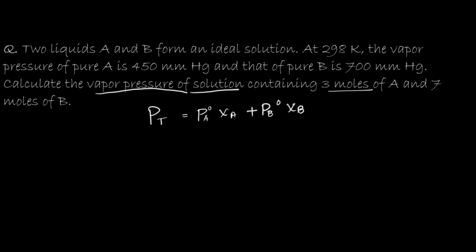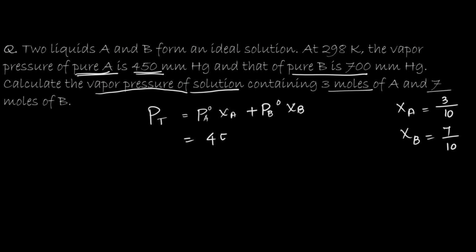Number of moles of A and B. So chi A becomes 3 by 3 plus 7, that is 10, and chi B becomes 7 by 10. Similarly, PA0, that is pure A, is 450 mm, and pure B is 700 mm.